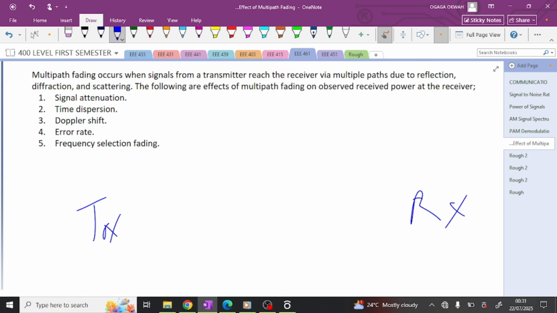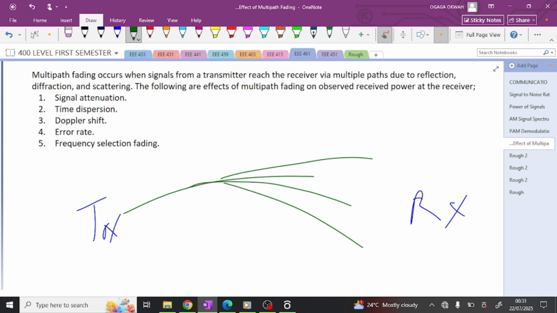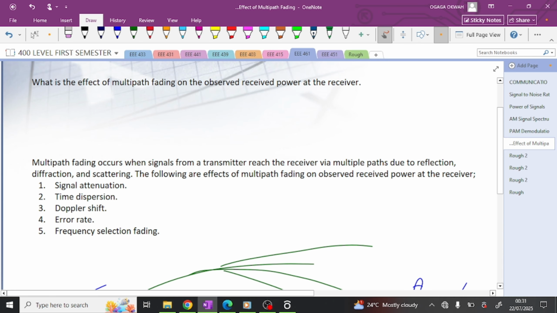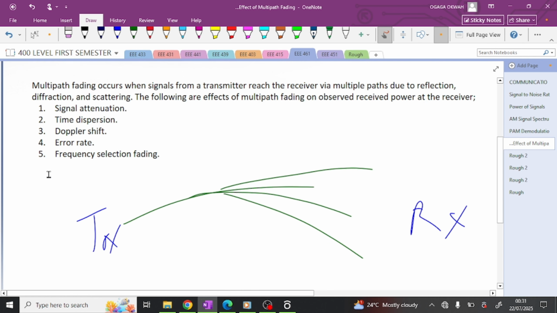Now, we have a signal coming from this guy. Due to reflection or something, we have the signal being scattered all over. So this phenomenon will lead to different things.